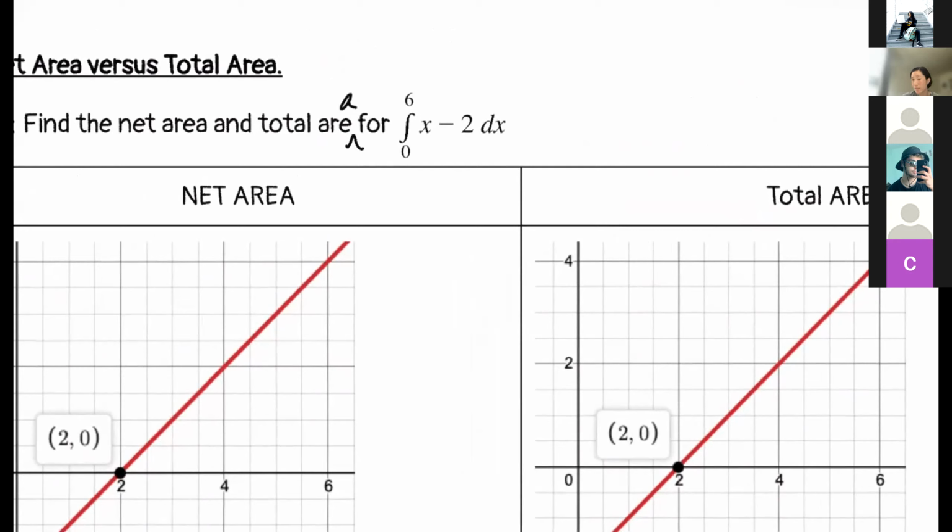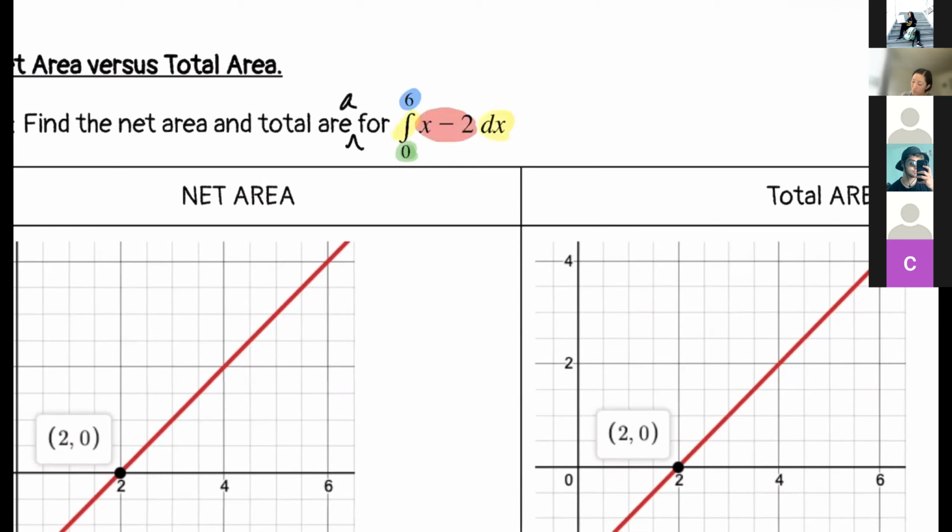Now we know that this is a definite integral because we have our number at the bottom and we have our number at the top. If we didn't have those numbers, we might just say antiderivative, or we would say indefinite integral. We know that we have this function, x minus 2, and we've got our integral notation, which is paired with that dx.